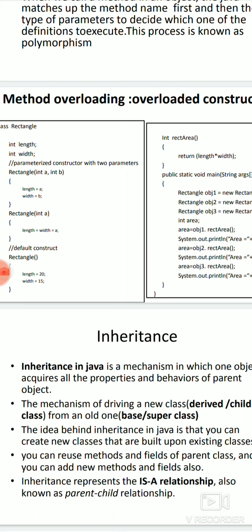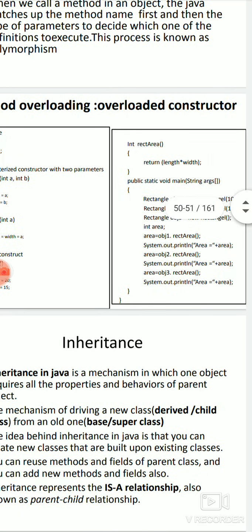In the other methods you have three constructors, Rectangle, Rectangle, Rectangle, but you don't have a return value there, because in a constructor we never have a return value, not even void. There is no return type in a constructor. But rectArea is not a constructor and it is returning a value, so return length into width.